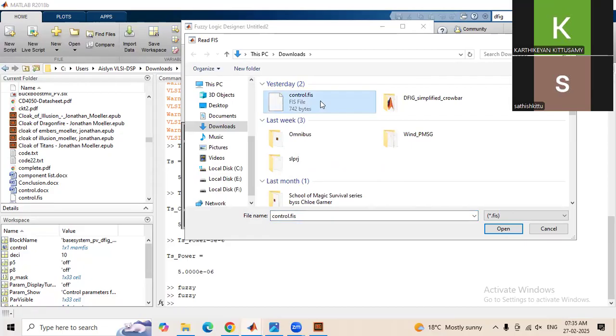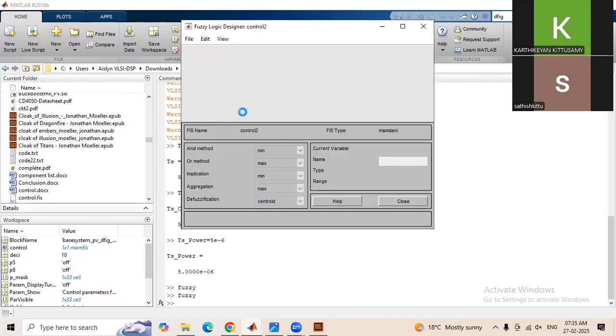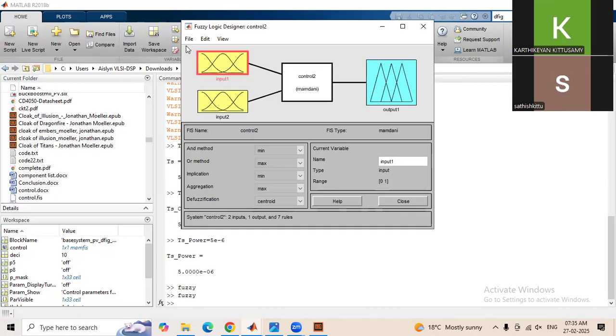This one. Okay, now the fuzzy file is opened. We have to export it to workspace.